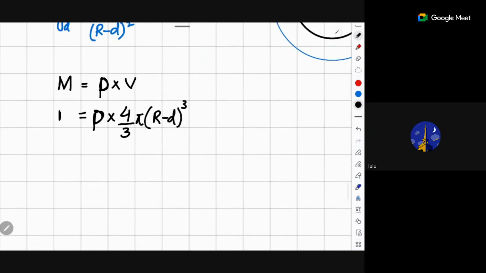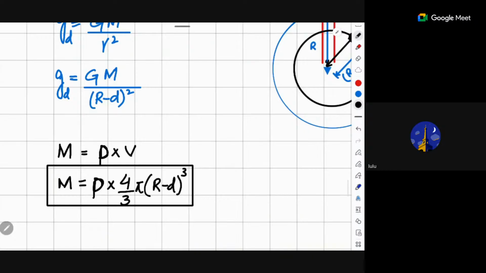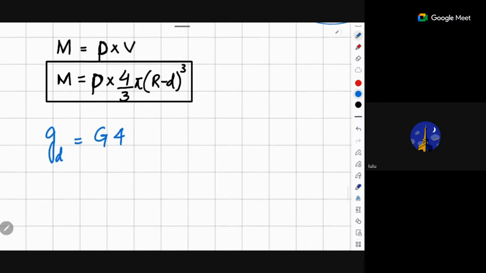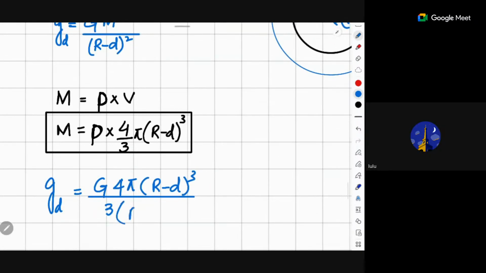Now you will substitute this mass exactly in the above equation, and you will see that the equation of G in the depth is now framed as 4 pi (R minus D) whole cube divided by 3 from this formula, and here it is (R minus D) whole square.